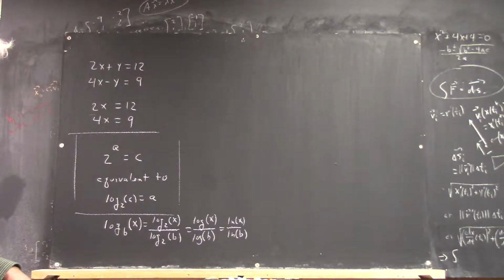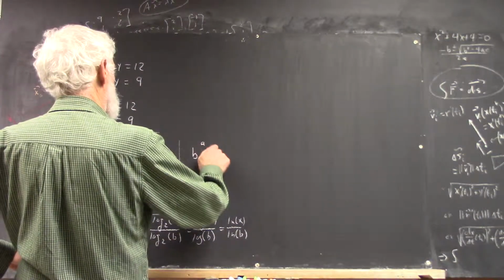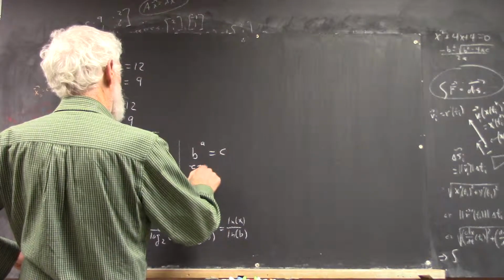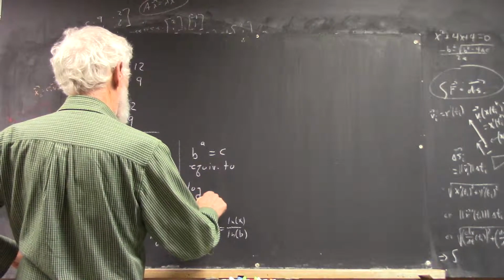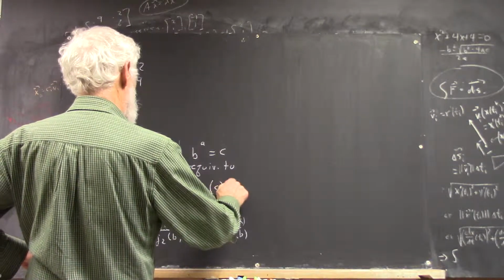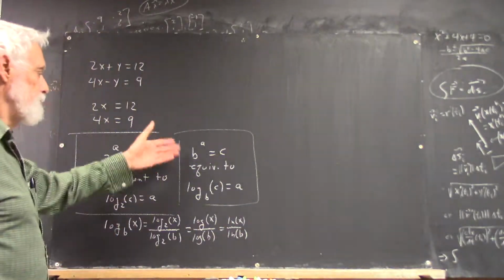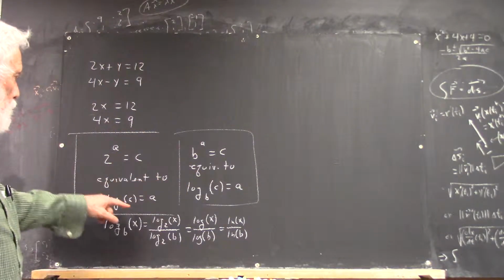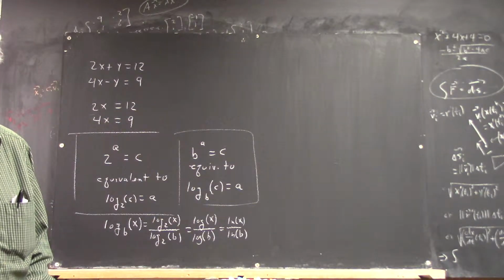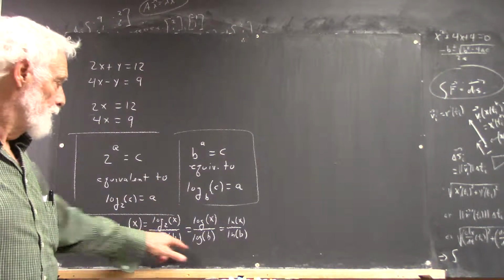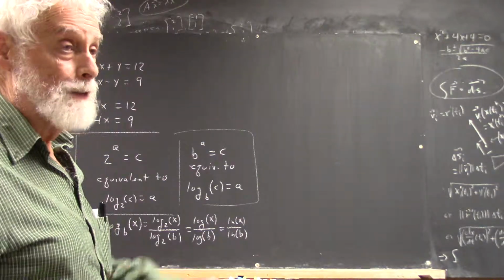And even in general, for any base b, you just replace 2 with b, and the statement's still true. It has to still be true if these are true, but don't worry about those connections, okay? Now let's just see how this applies.